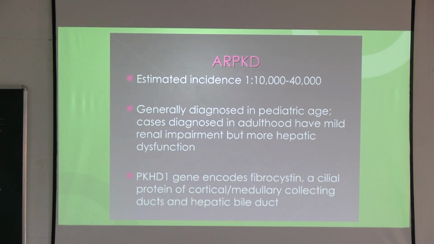As this is recessive, they have normal parents, but they may have a diseased sibling due to recessive pattern of inheritance. So estimated incidence is drastically lower than that of autosomal dominant polycystic kidney disease, 1 in 10,000 to 40,000.